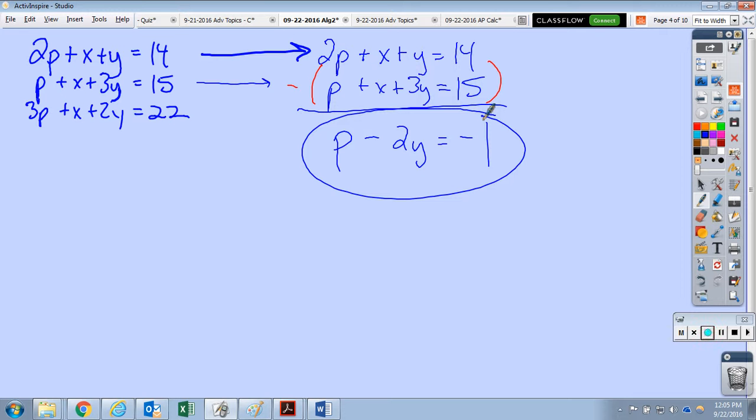Now we have that equation developed, so I have to use the third one. I have to do something with that one because I used the first two. I developed some two-variable equation, and now I have to do something with the third. It doesn't matter whether I do something with the third and the first or the third and the second, but I have to do something with the third. So let's continue forward.